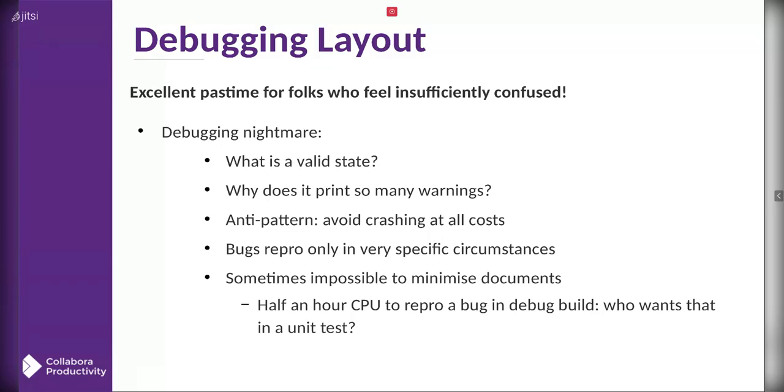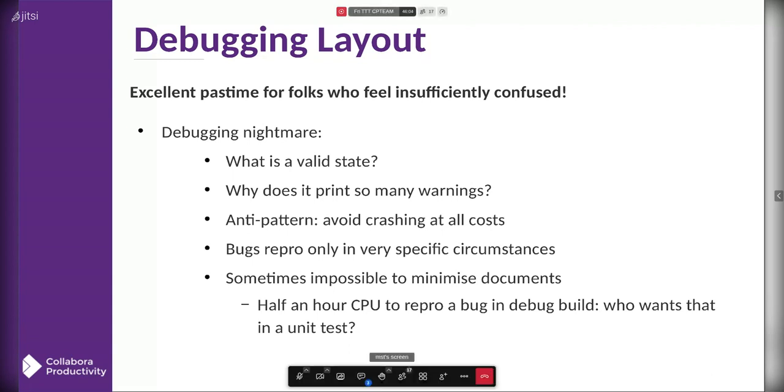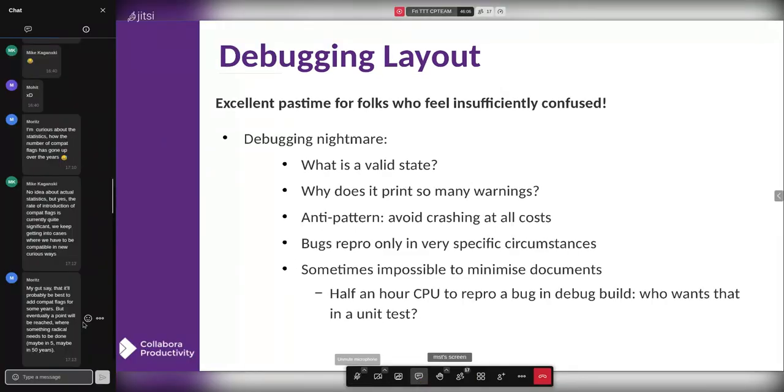It's quite possible that you need half an hour of CPU time until you get to the point where the bug is visible. And you really don't want to add a unit test that takes half an hour of CPU time. That's not practical. So I've certainly had to omit unit tests when fixing some bugs, which is also frustrating.